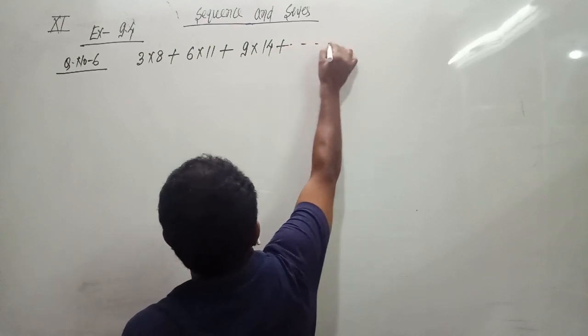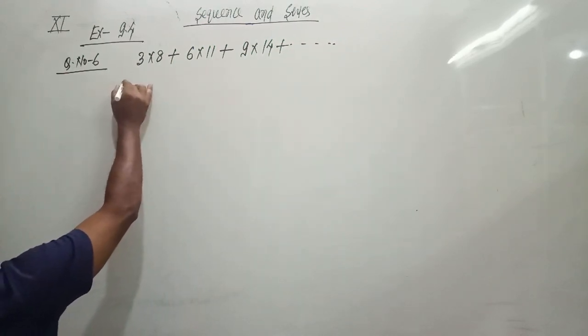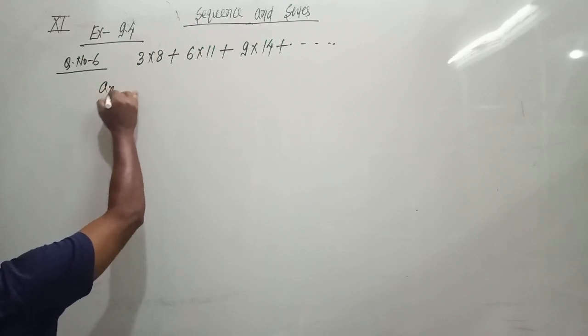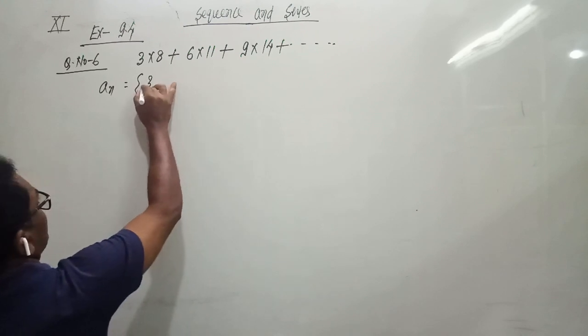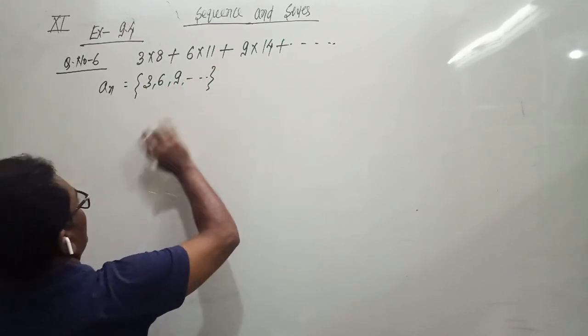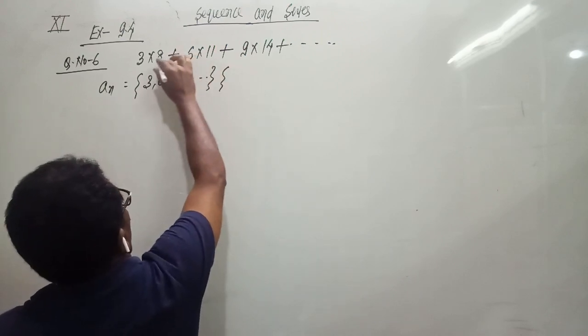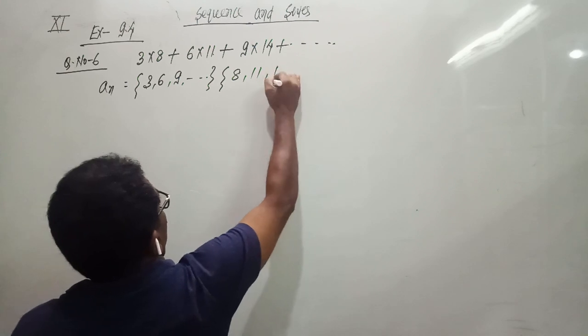So we separate the terms and we find an of 3, 6, 9, and so on, and also the nth term of 8, 11, 14, and so on.